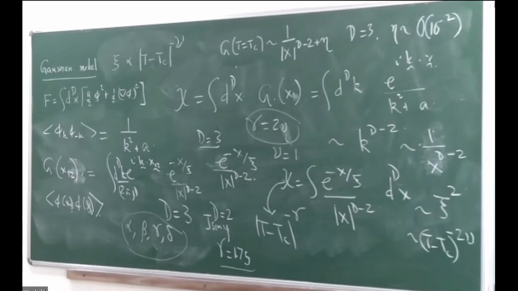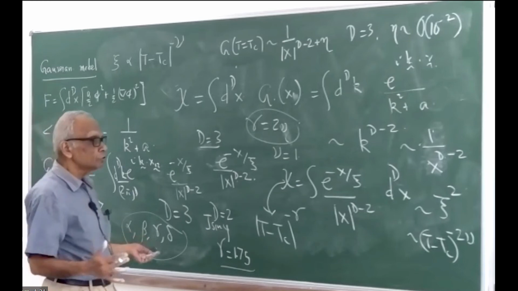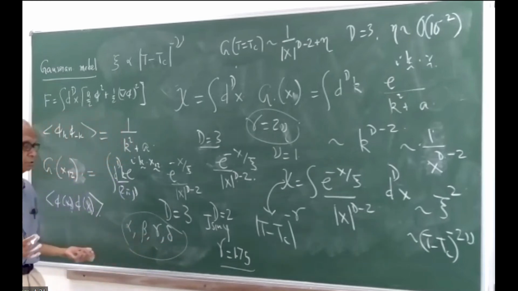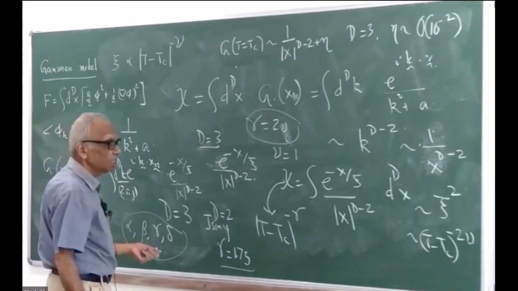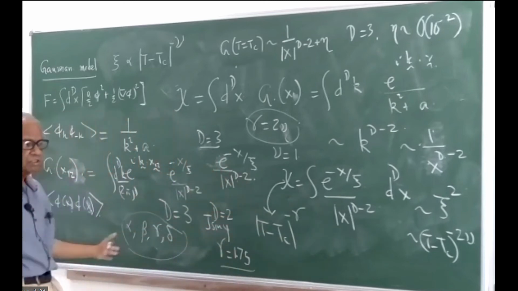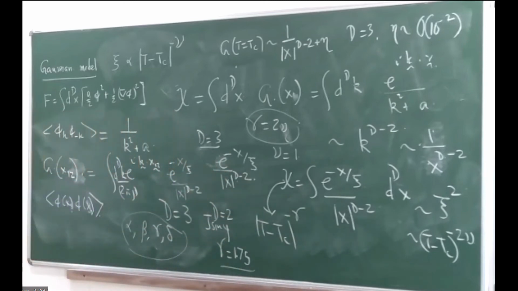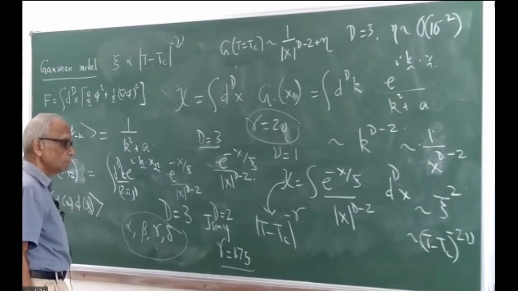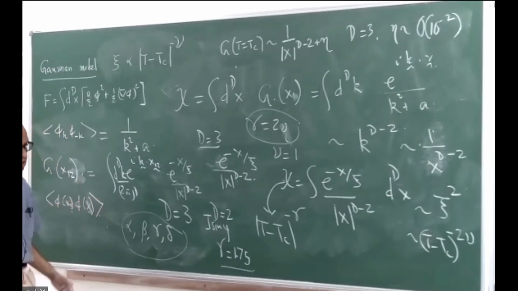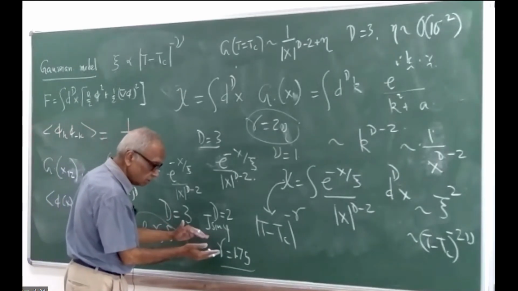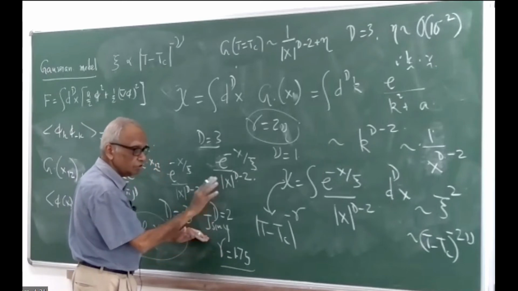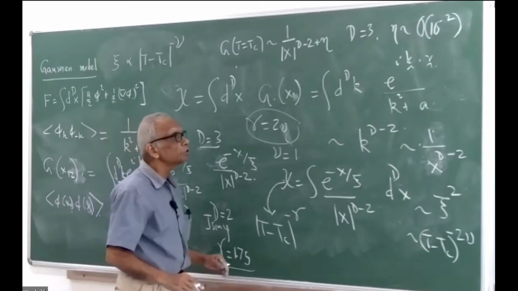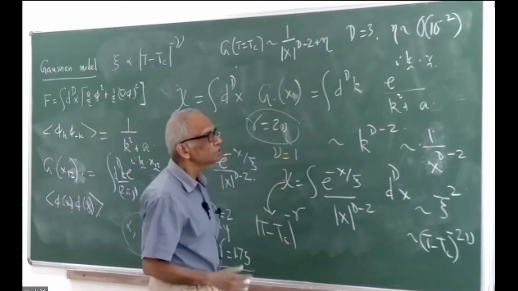So till now, what we have is the d equal to 2 Ising model, which was saying that this d minus 2 can't be right, certainly not in d equal to 2. So if I have to honor the fact that it is not 0 in d equal to 2, let me put in eta, which is a correction.